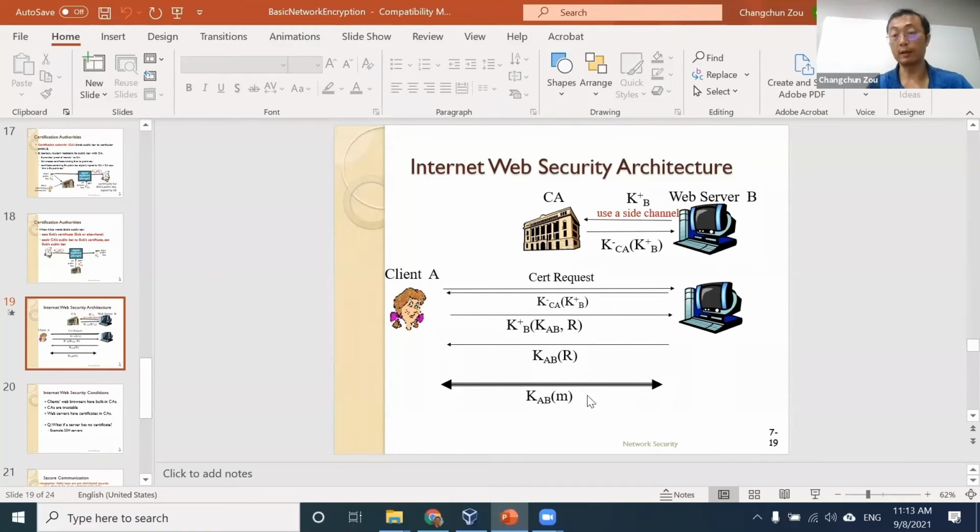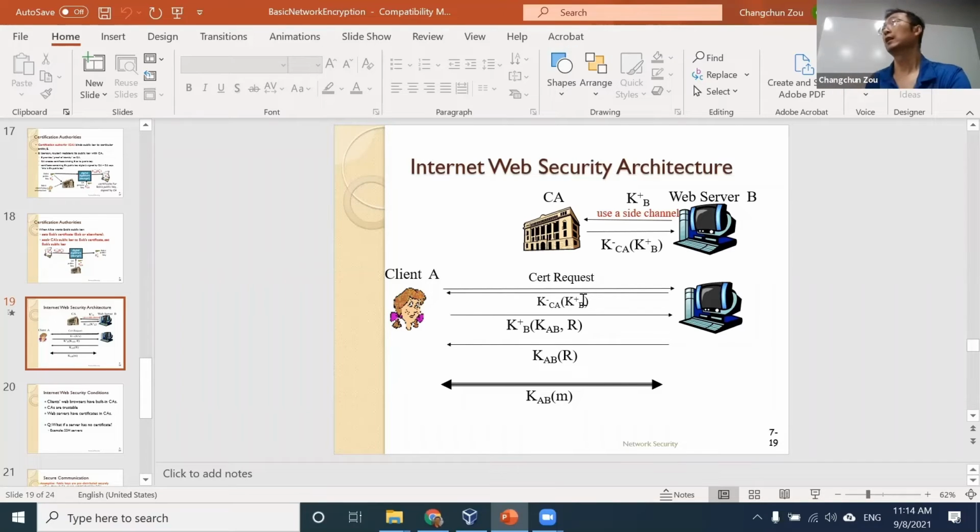The communication is still using this KAB encryption. The only problem with an invalid certificate is that once the browser gets a public key, the browser cannot verify whether this public key is valid or not.